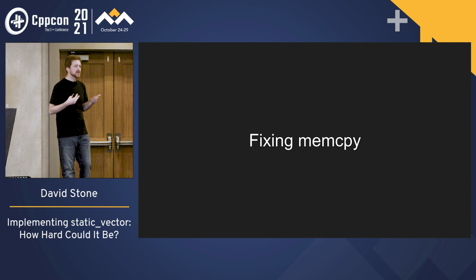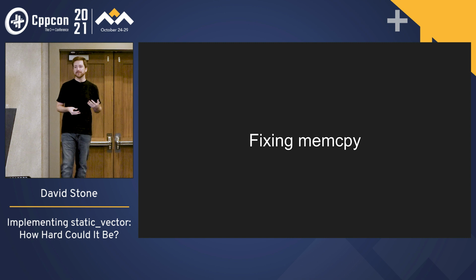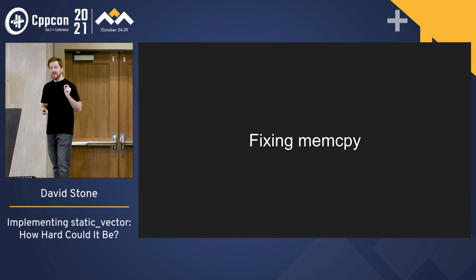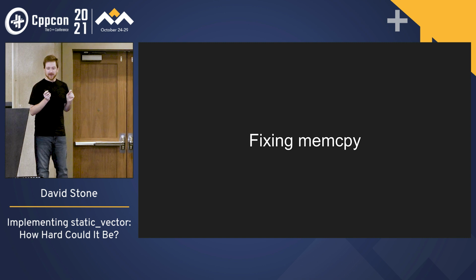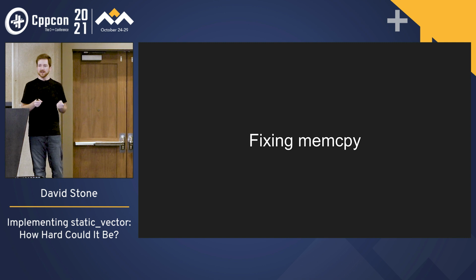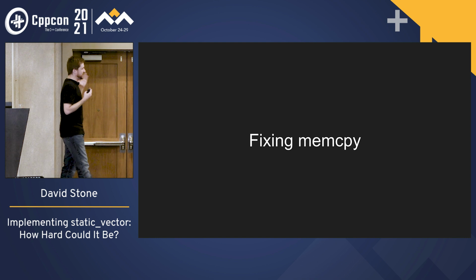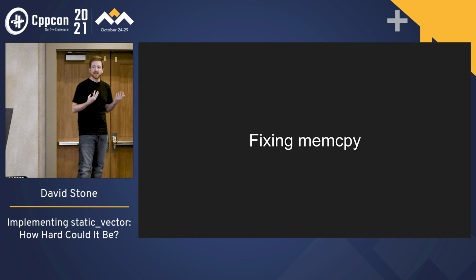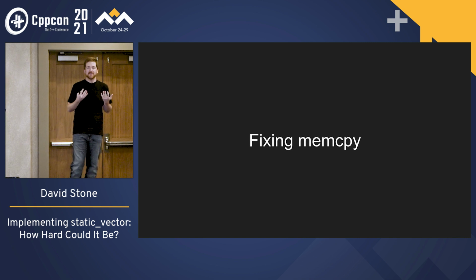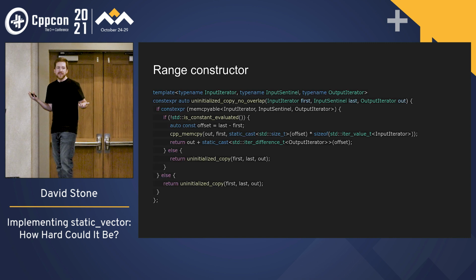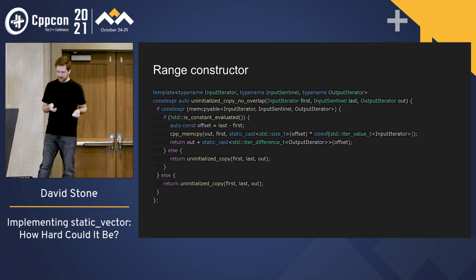So this is useful optimizing information. But it means that in our code here, null pointer and null pointer is a perfectly valid range. A default constructed vector is probably going to be null pointer and null pointer, at least on some implementations, because you don't want to have to allocate memory for nothing. So null pointer is a perfectly good range.